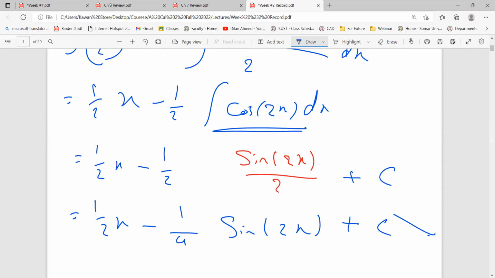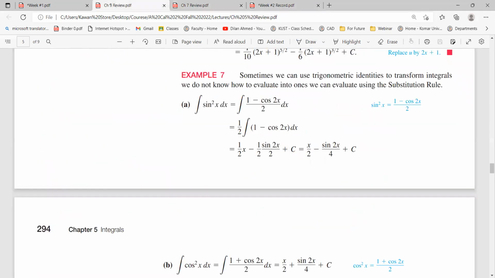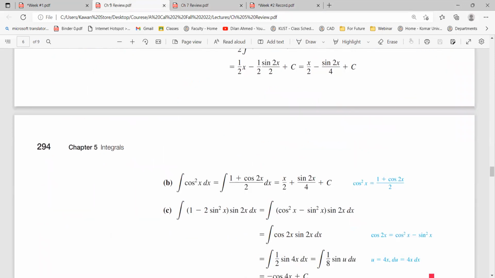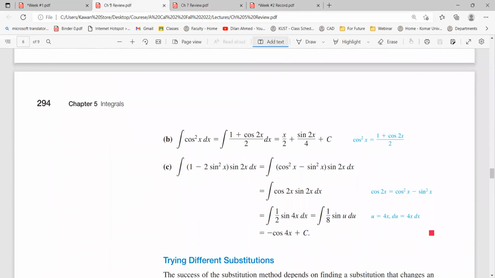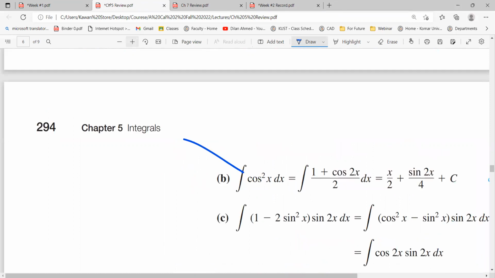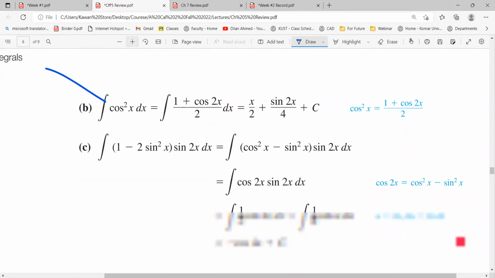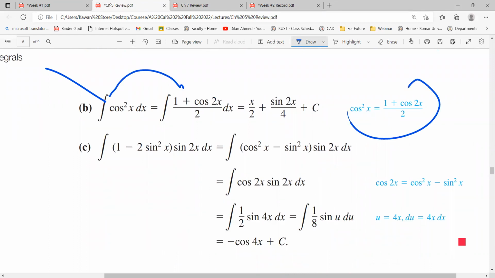So the same thing is true for cosine square. Look here, the same thing is true. If I have 1 over 2, I'm going to change cosine square to that rule, because we have that one, double angle or half angle.